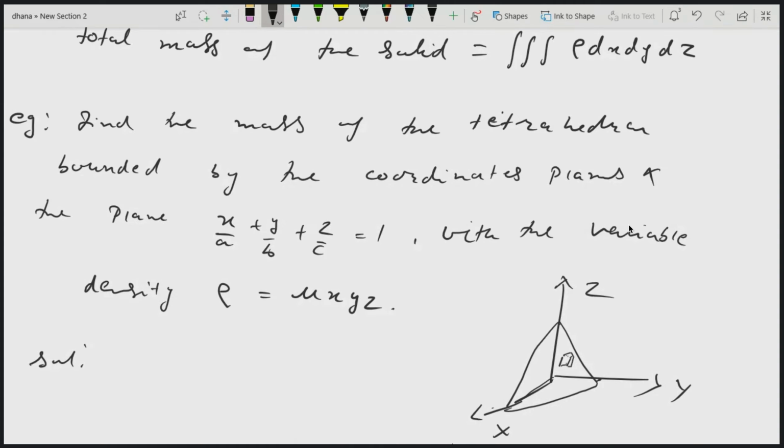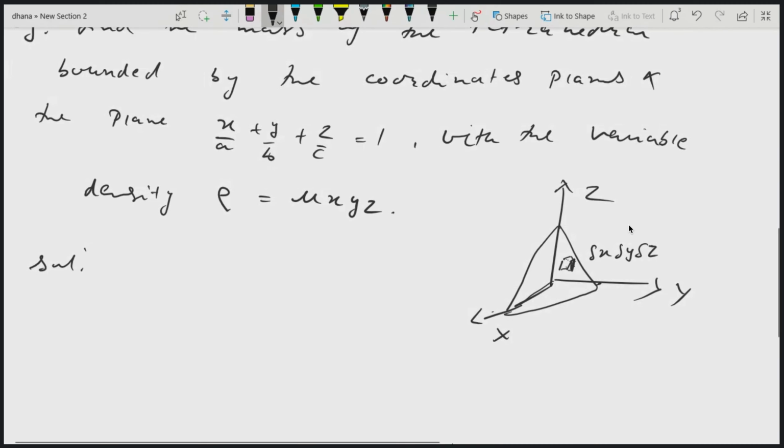Some point you take here, point P of x, y, z. So this part will be just del x del y del z. Then the elementary mass at point P is given as mu rho del x del y del z.